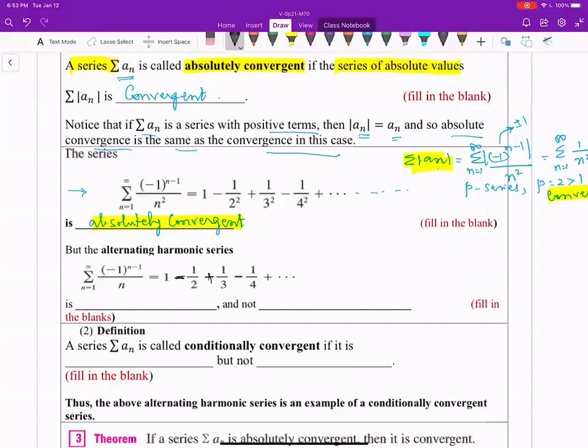So in this one, if you apply the alternating series test, the series would be convergent by the alternating series test, but it is not absolutely convergent.